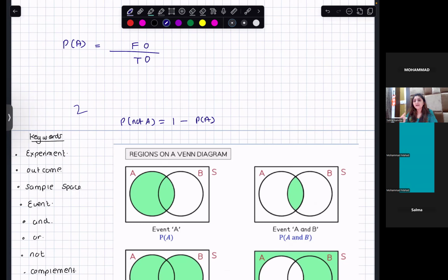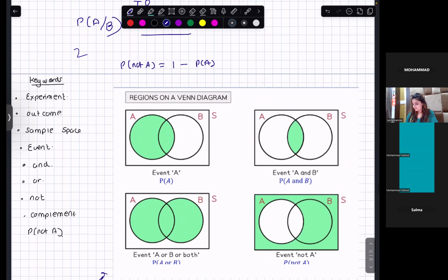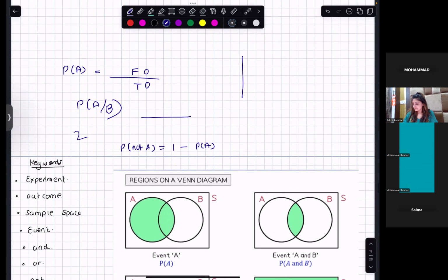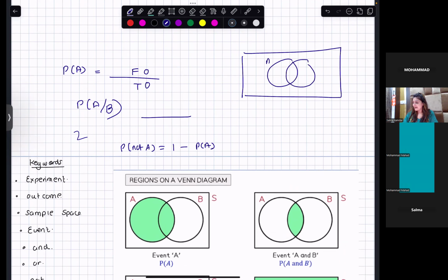If you remember conditional probability, there is probability of A given that B has already happened. It means you will only take the intersection of A and B divided by the probability of B. See, I have two circles, A and B. I want to find probability of A given that B has already happened.